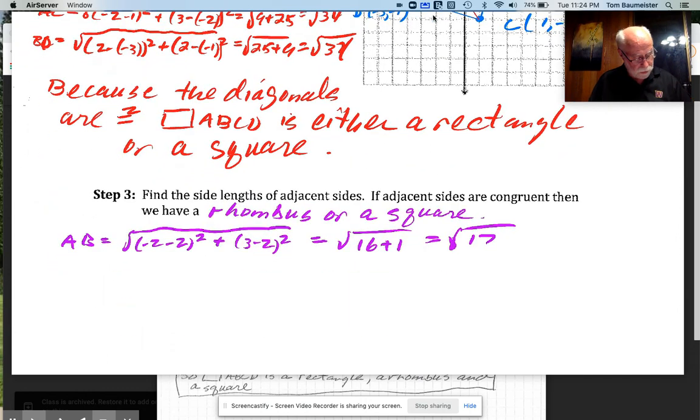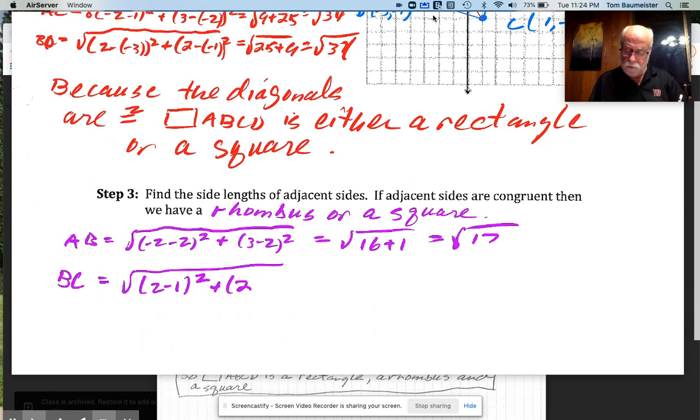All right, so BC, for it to be a rhombus or a square, it better also be the square root of 17. So the distance for that one again, I just choose which one. Again, like I said, make one x1, y1, the other one x2, y2. And hopefully I don't have to draw it out for you every single time. All right. So 2 minus 1 is 1. 1 squared is 1. 2 minus a negative, or 2 plus 2 is 4. 4 squared is 16.